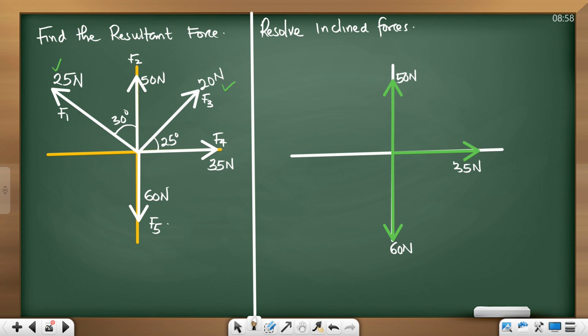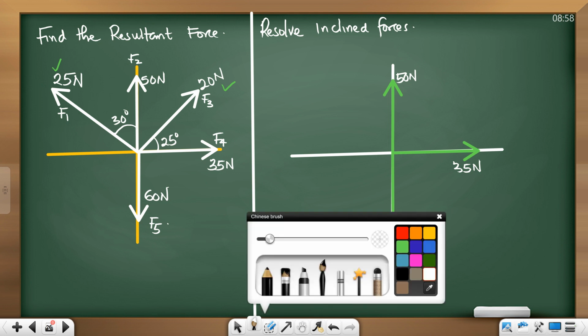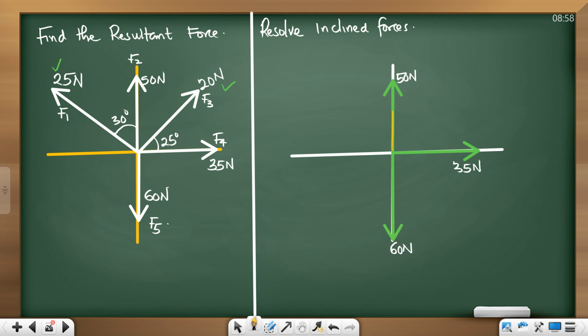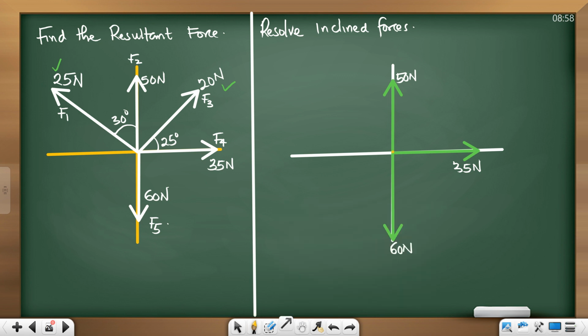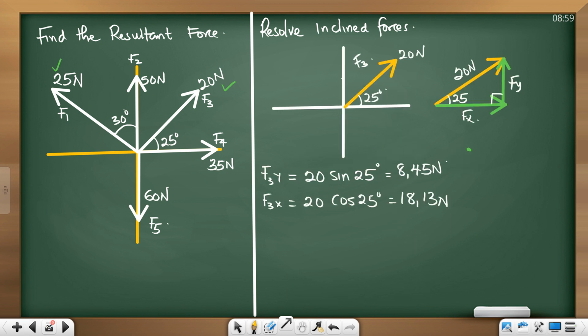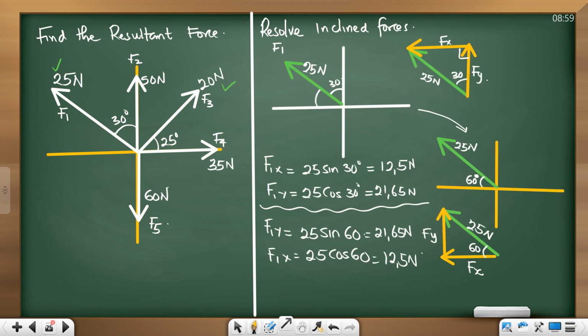Then, we took our F1 and broke it down into vertical and horizontal. Let's go check. Our F1 will now become, remember what we said, it's no longer angular. We have changed it into vertical and horizontal. Does anyone remember the value that we got?